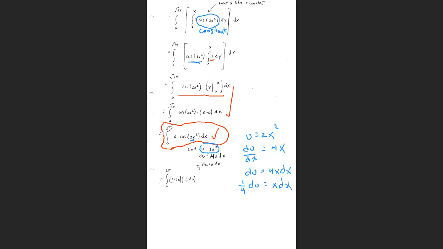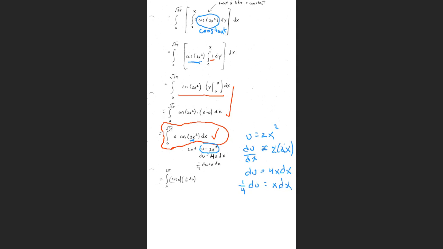I can put in the little details here. How did we get 4x? You should know that, but I'm not too arrogant to put in details. 2 times 2x gives you the 4x. So now x dx is 1/4 du.